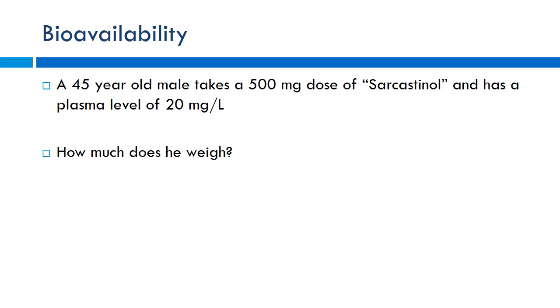Okay, so now what can we do with that? Divide 450 by 20. Basically, you take C0 equals dose over VD, put the VD on this side, and the C0 on the other side. So you take 450 divided by 20, what do we get? His volume distribution is 22.5. And we said how many liters per kilogram is the volume distribution?